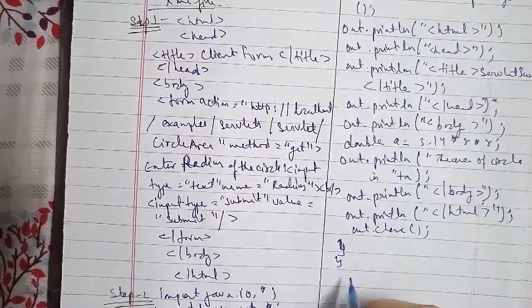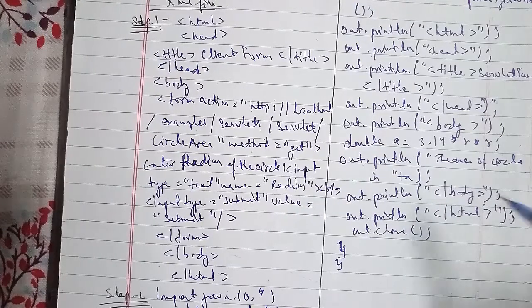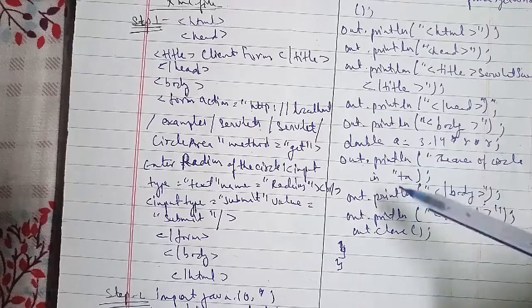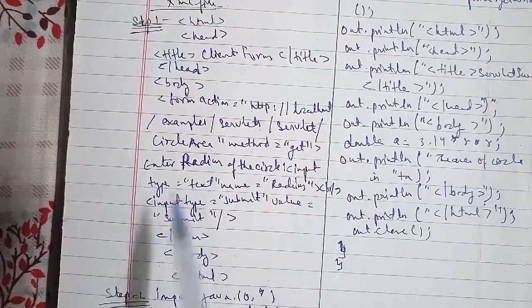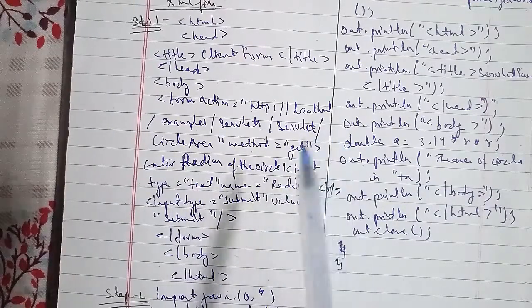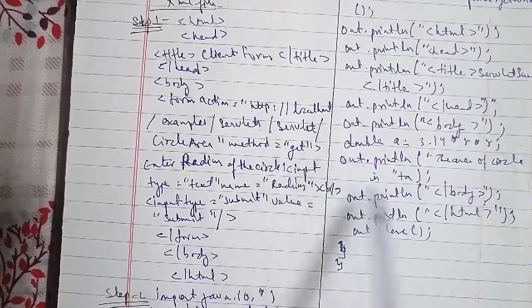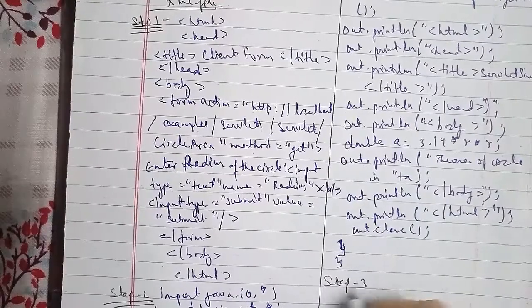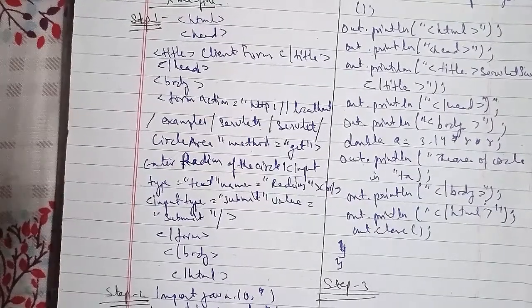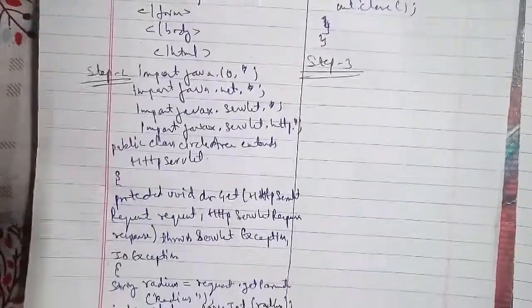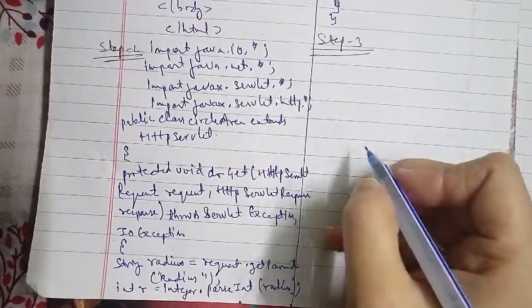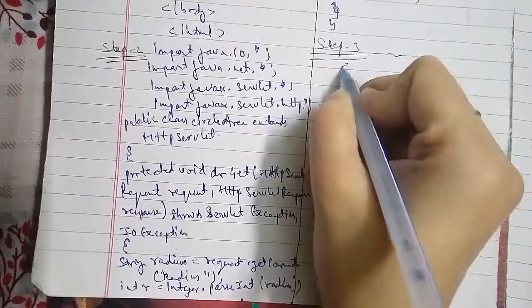Servlet, that is servlet name, circle area, servlet name close, servlet class, circle area, servlet class close, then servlet close.